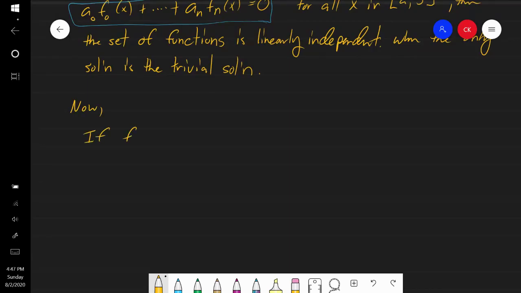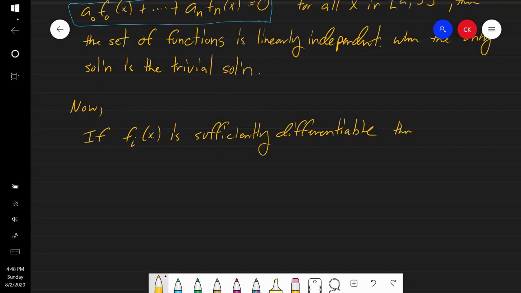So each one of our functions f sub i is sufficiently differentiable, then we can find a bunch of derivatives, particularly the ith derivative for each of our functions.